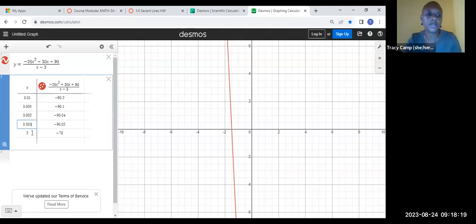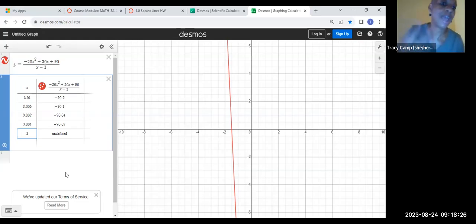And then notice what it is at just 3. Undefined, which is what we knew. I mean, we knew because that is our x1, right? And if x1 is the same as x2, then your denominator is going to be 0, which means undefined.